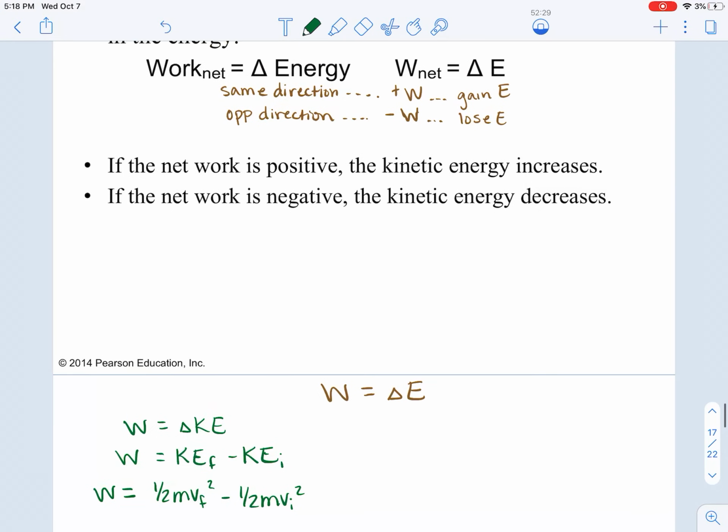Okay, if we come back and look at this previous slide, sure enough, it was talking in detail about gaining and losing kinetic energy. If the net work is positive, then kinetic energy increases. Let's think about that.